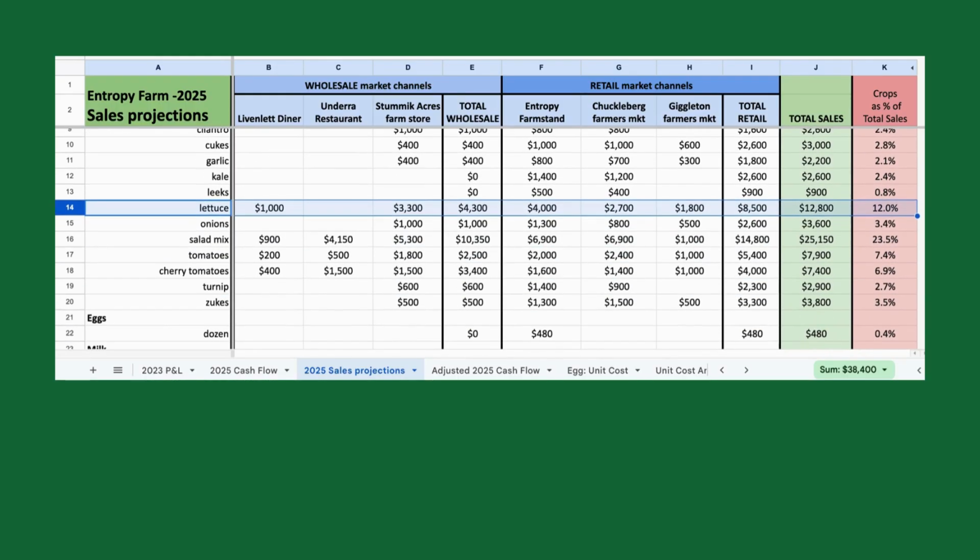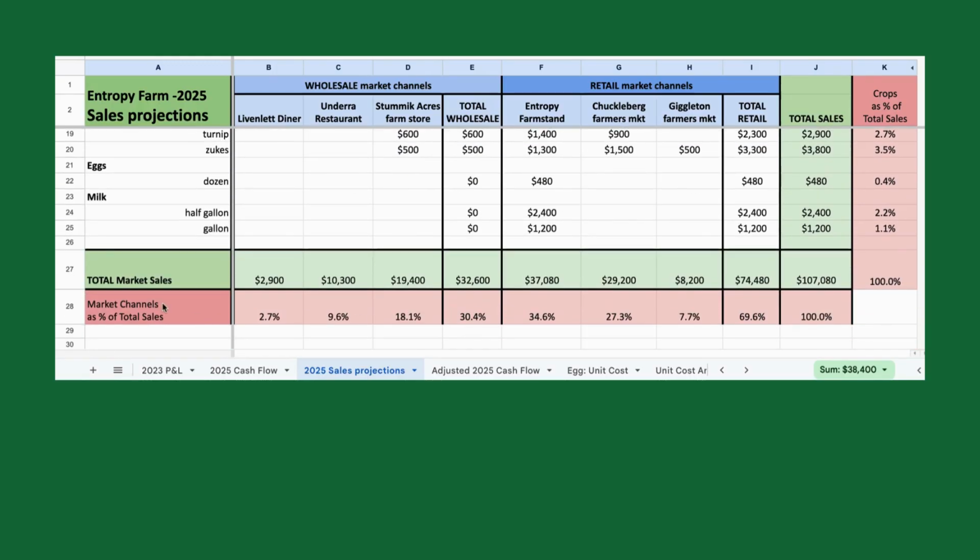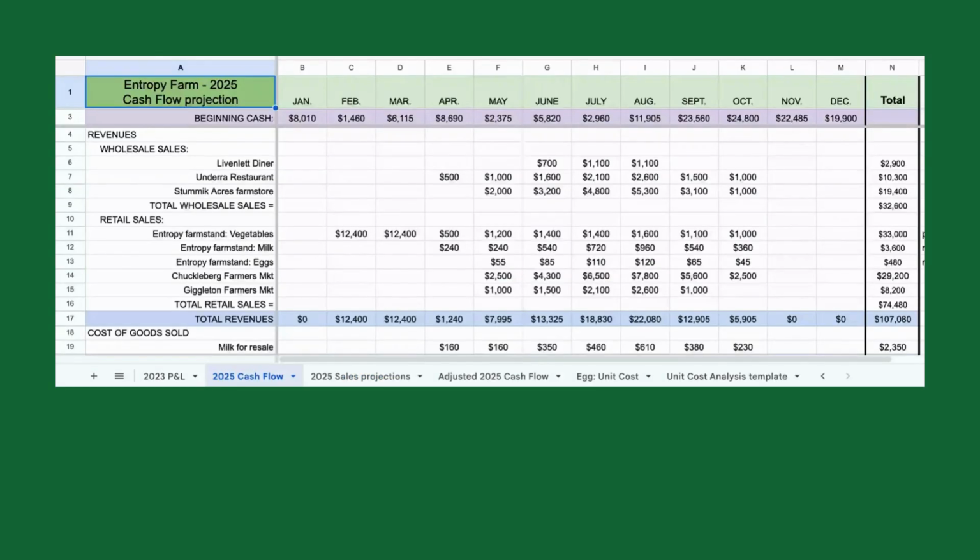And then scrolling down to the bottom, we see in the red row, where percentage of total sales by market channel is shown, that their own farm stand and Chuckleburg Farmers Market and the farm store at Stomach Acres are their largest market channels. So, armed with insights of this sort on sales, market information, we'll take a surgical approach, line by line, to the cash flow projection, looking for where we can change our plans and our budget in the face of the crop loss.